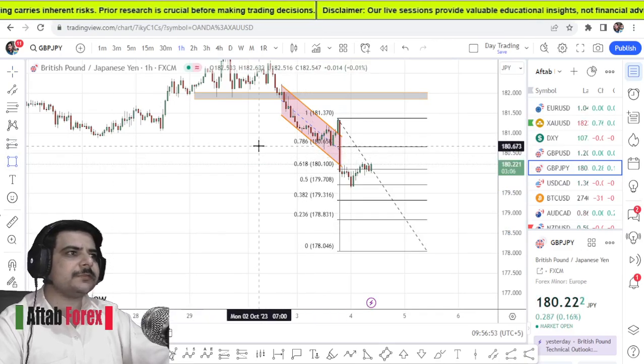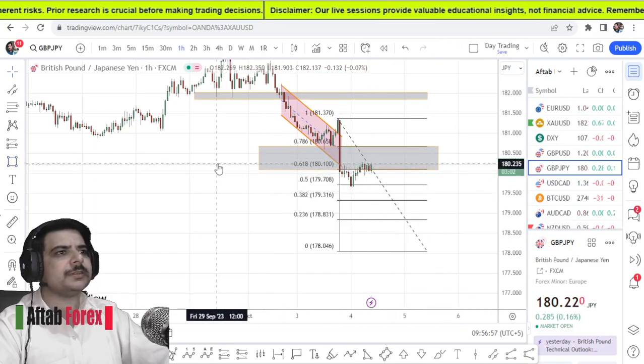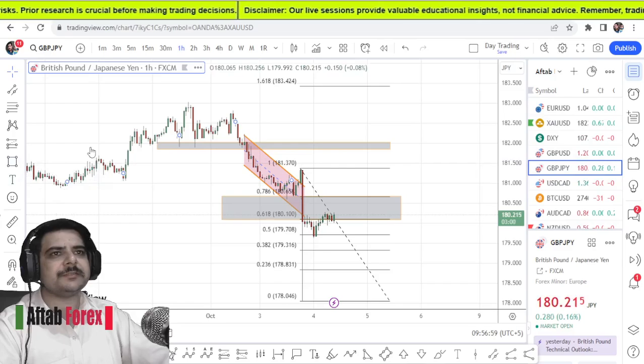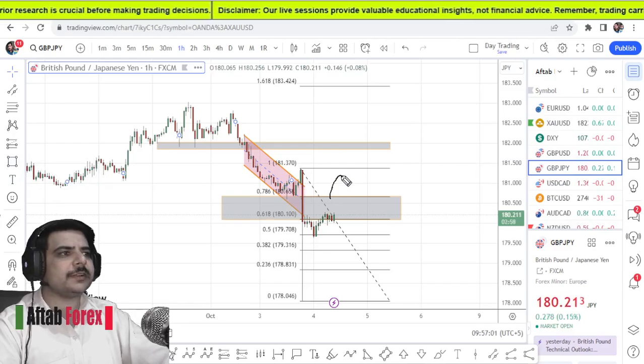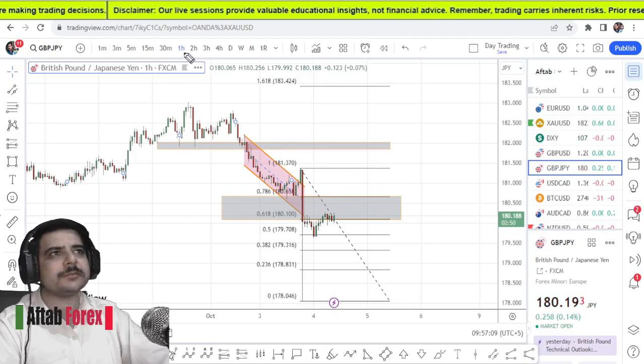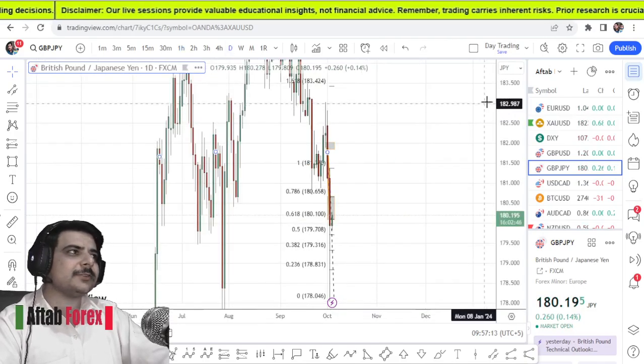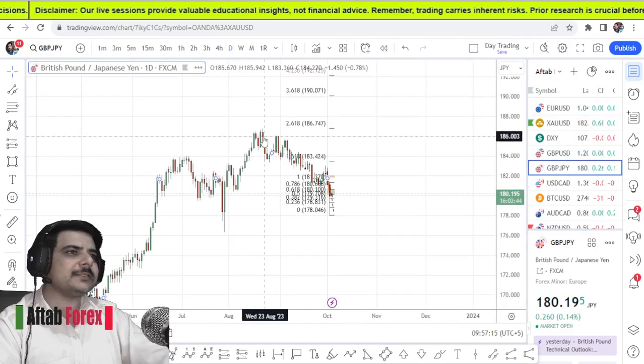If you specifically see and observe this level, this is a reversal zone, but obviously if it leaves this zone right here, then a retest and 182, and then from 182 a sell trade. Why a sell trade? Because on the long term and the higher time frame, what is going on? This is going on, my friends, this trend line.